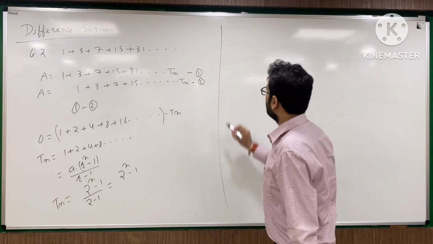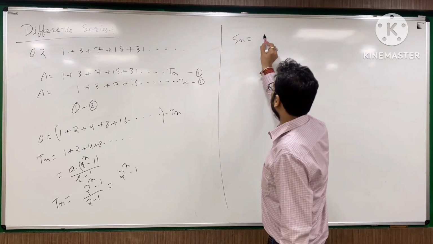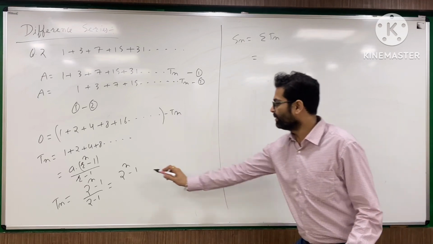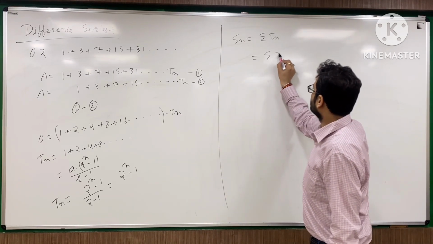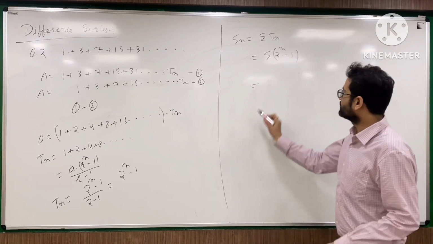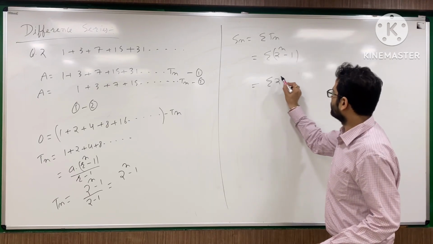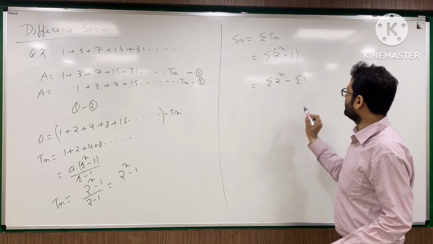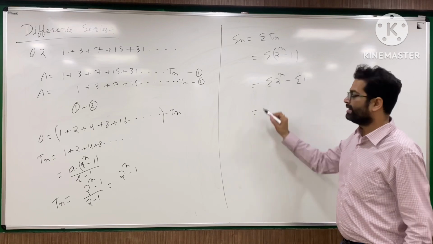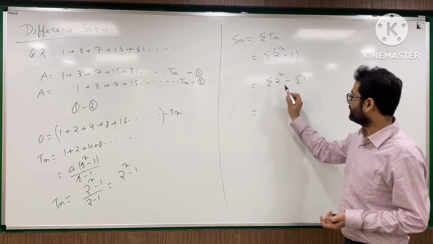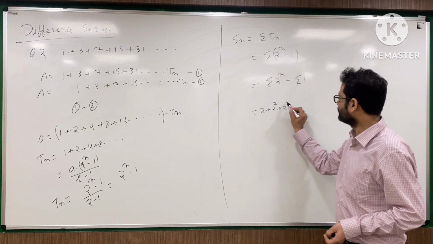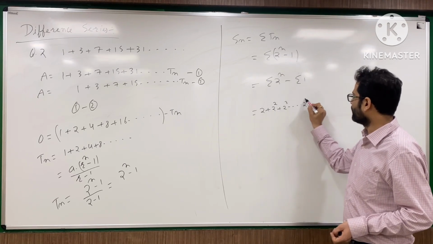Then we solve for Sn. We know summation of Tn is the Sn. And we put in 2 to the power n minus 1. Okay. Then the summation is distributed and we get this. Here when we put the n value 1 we get 2, then 2 to the power 2, 2 to the power 3, and last we get 2 to the power n.